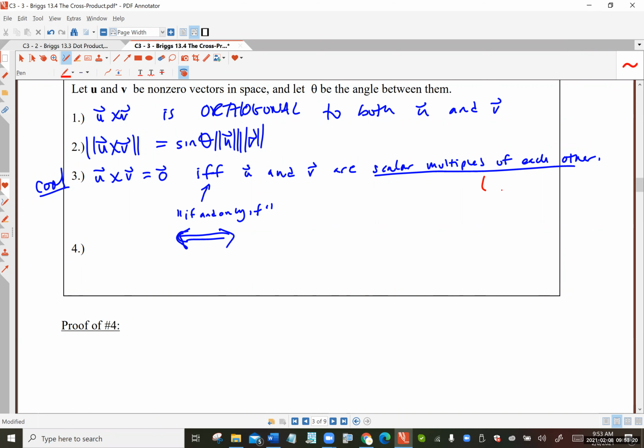Isn't it if you multiply, for example, U times some number, you're going to get V? Yeah, it would be U is equal to cV or V is equal to cU. Correct, Hannah? And further, Hannah, can you tell me what that means? What's the relationship between those two vectors?